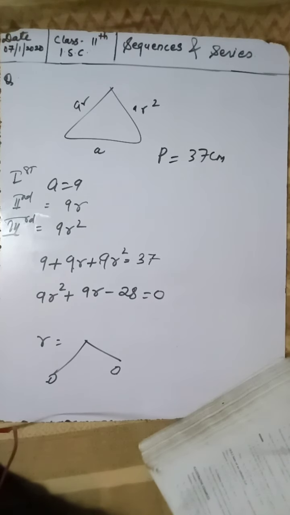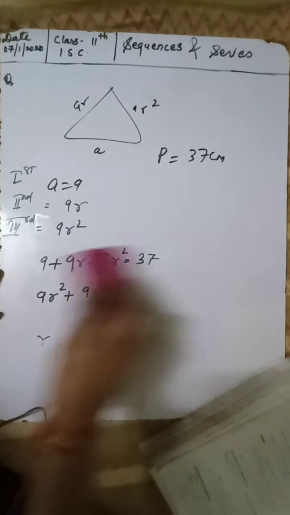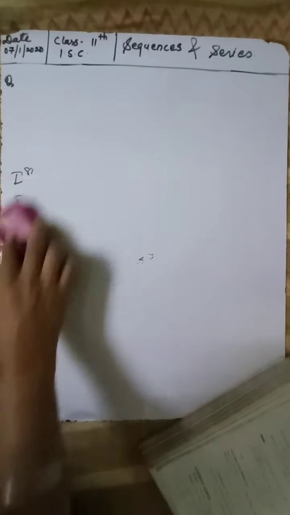Now let's discuss something about the next exercise, that is sum of first n terms of a GP. You know what is the sum of first n terms of GP, right?